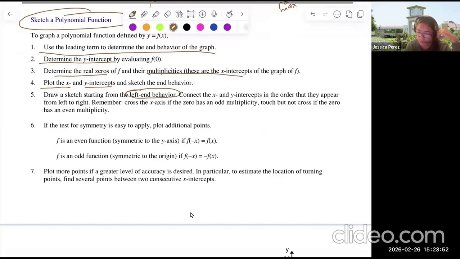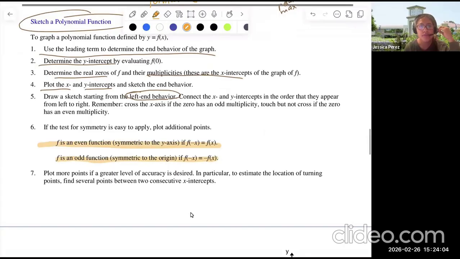We use this formula to determine whether the function is symmetric about the y-axis, or if it is an odd function, it's going to be symmetric about the origin. To finish off, plot more points if a greater level of accuracy is desired. So right now we are going to sketch a polynomial function and locate turning points to be able to see the figure of the graph of that polynomial function.